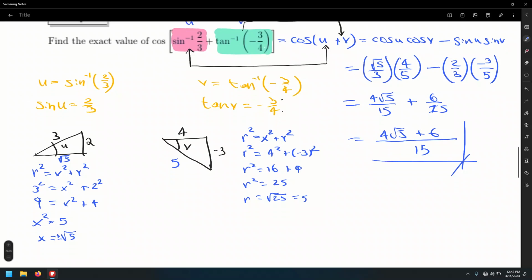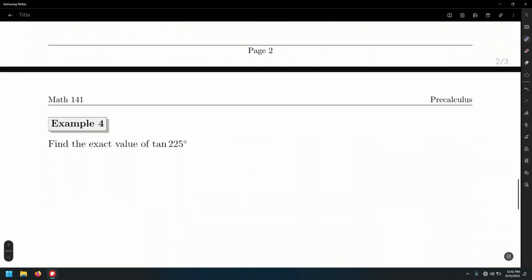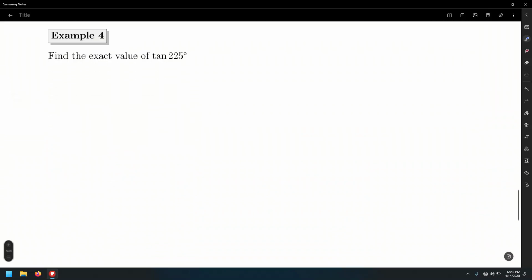All right, let's look at the last example for this section. That's the exact value of the tangent of 225 degrees. Well, in this case, what time is it? 2:42. No, that's fine, I can make it. All right, so find the exact value of tangent of 255. There was a little typo here. It's not 225, it's 255 degrees.